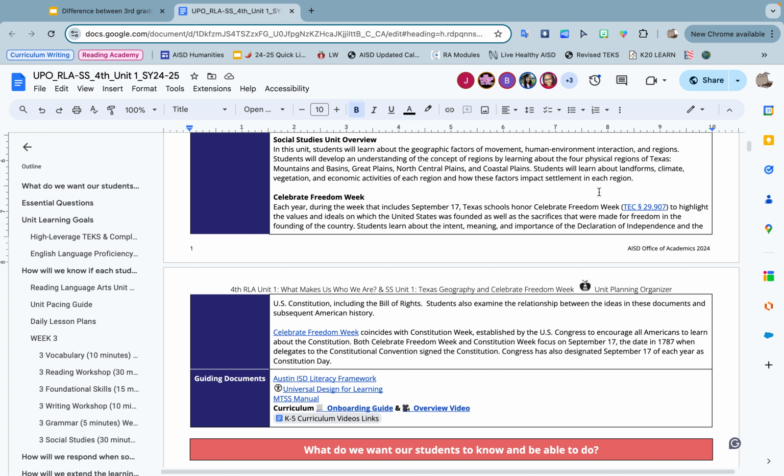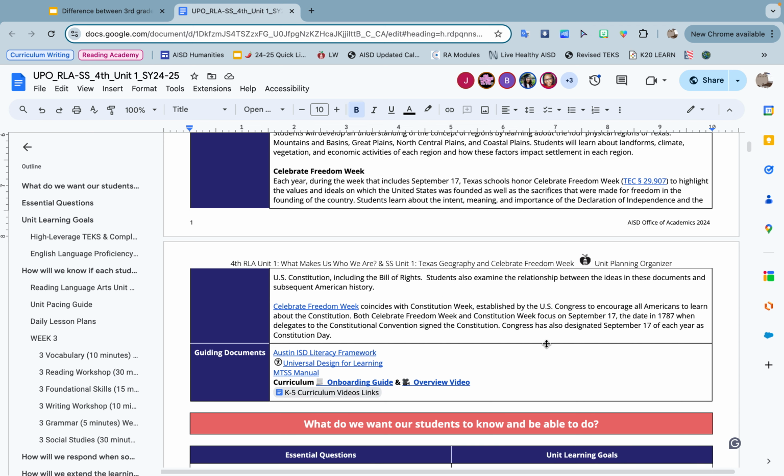And you will see here that the state law is identified, as well as a link to some resources. But just know that when it's a mandatory observance like this, the lesson plans will often support that particular observance so that it's built into the social studies lessons and not just something that we're asking you to do above and beyond.